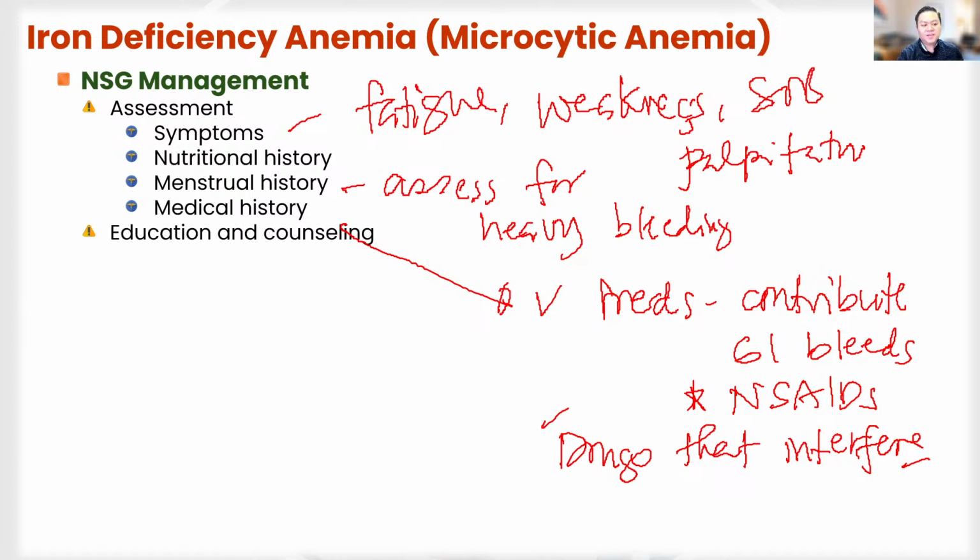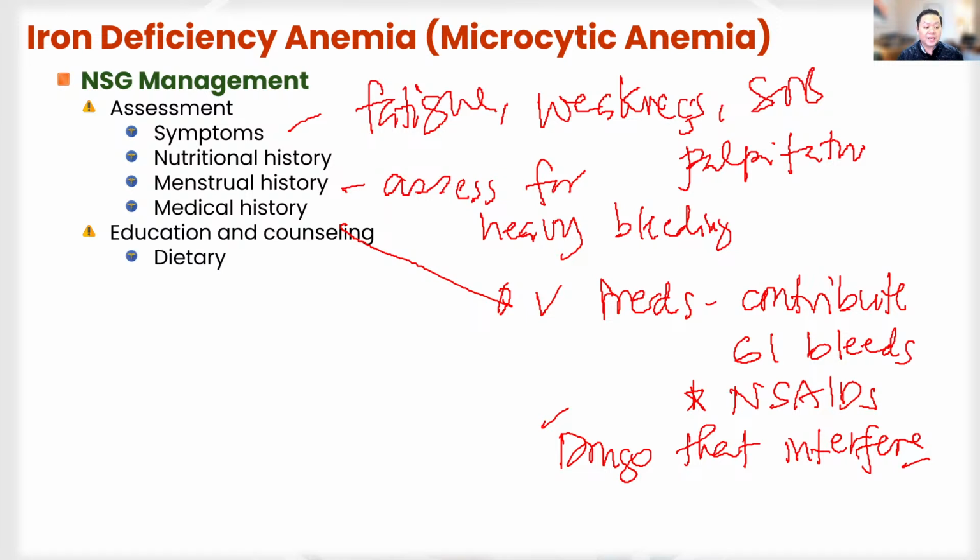Now, part of the care here is to make sure we are providing education and counseling to those patients that have the IDA. We want to make sure that we are educating about the intake of those rich foods, those food items that can give them enough sources of the iron, right? And so those are your red meat, poultry, fish, beans, lentils, green leafy vegetables.